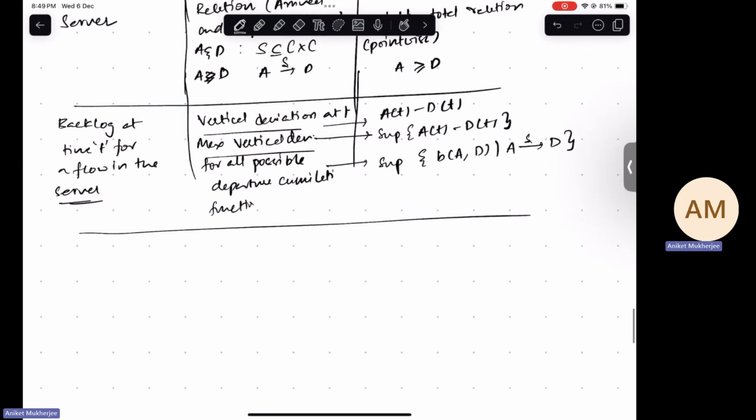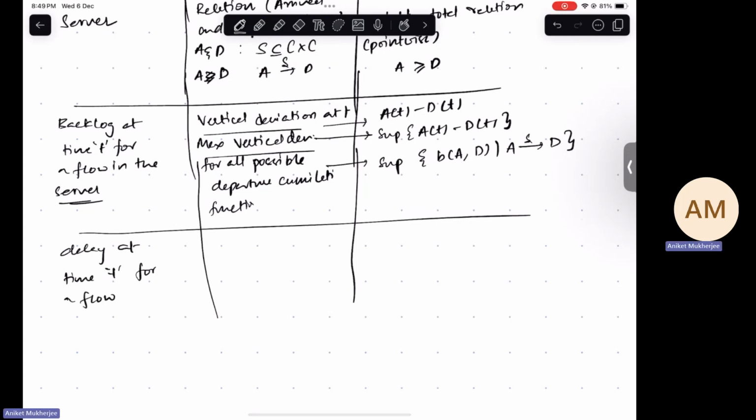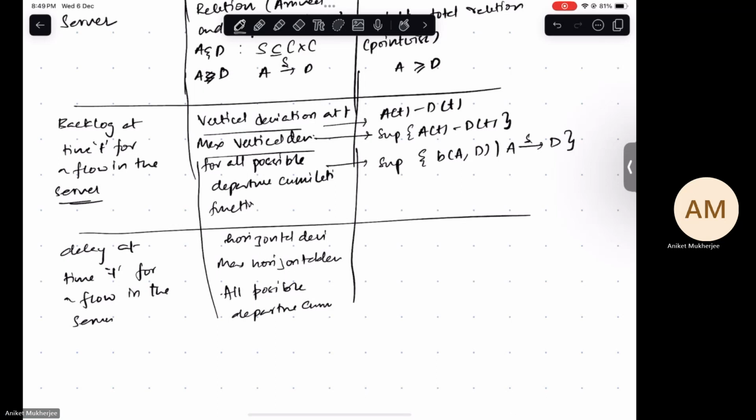We saw about this. In the same way, we saw the delay at time t for a flow in the server. So here we had the horizontal deviation, the maximum horizontal deviation, and all possible departure cumulative functions.